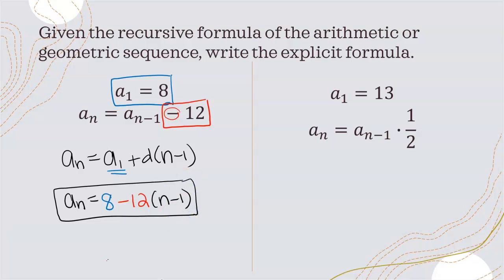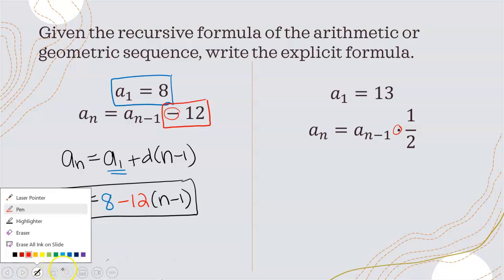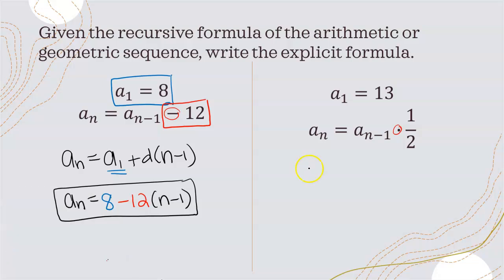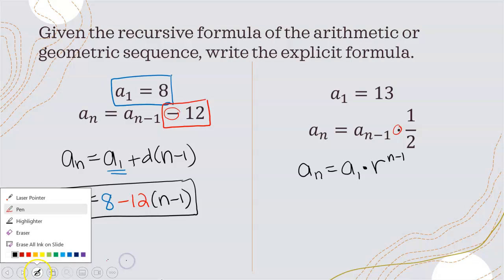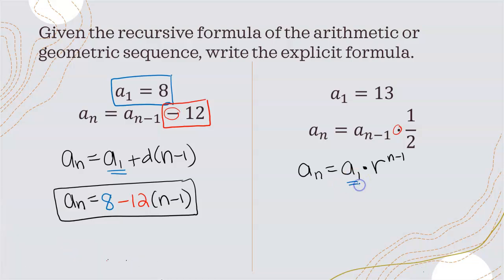The second example is going to be geometric, because now we are multiplying times 1/2 instead of adding or subtracting. So that's a common ratio. So for this formula, I have a sub n is equal to a sub 1 times r to the n minus 1. So I need to find a1, which again, my recursive formula gives me a1 is 13.